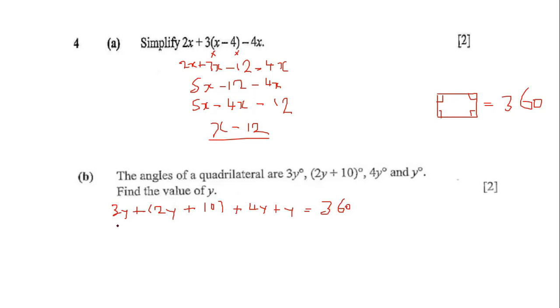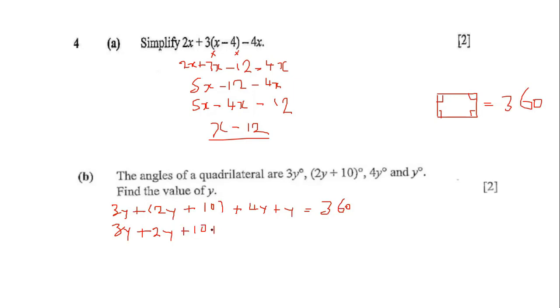Then here we are simply going to reduce. So here what we are having is 3y, then plus this is 1 times 2y there. It will just give us 2y. There is an invisible one there, plus 10. Just write it directly.